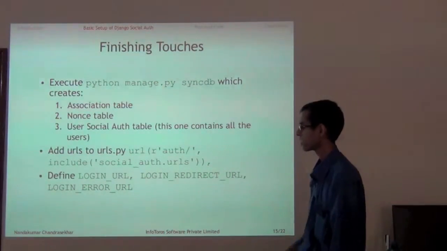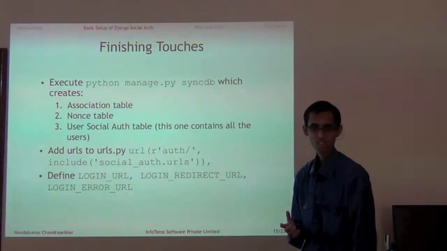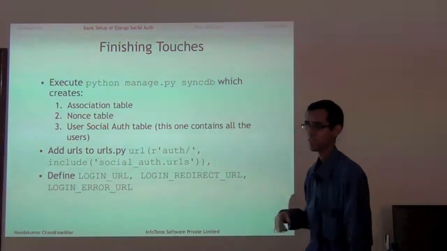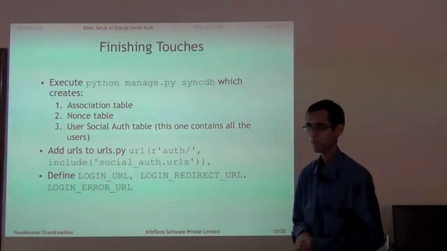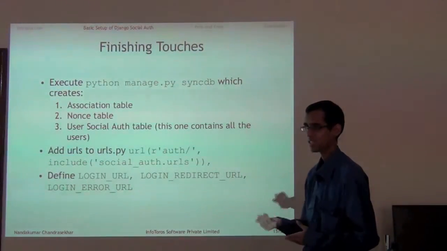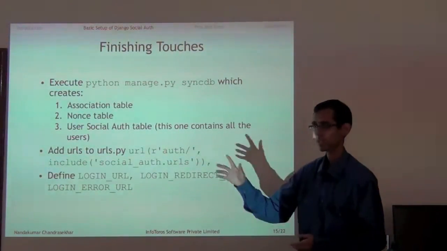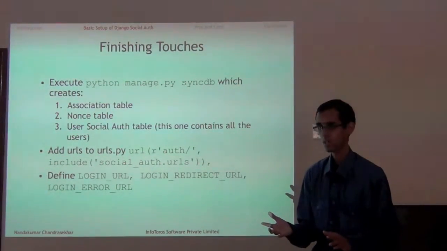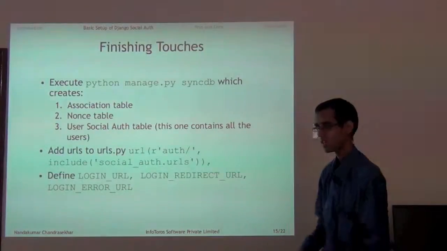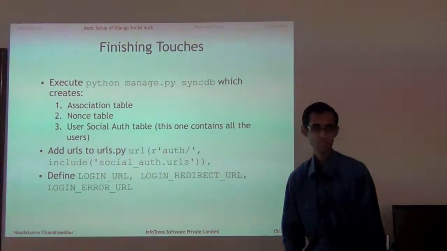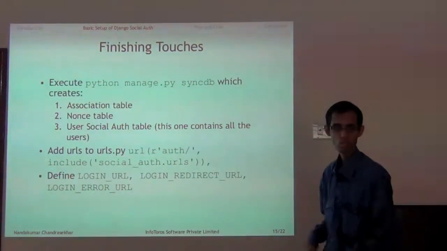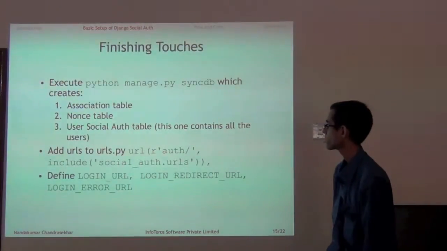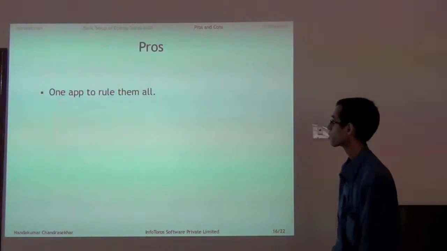So you want to specify an error login, error URL. You just don't want to send the user back to the login page without information about what happened. When he presses on the Facebook link, then something happens and it just goes back to the login page. It doesn't actually tell the user much. So it's good to define this.